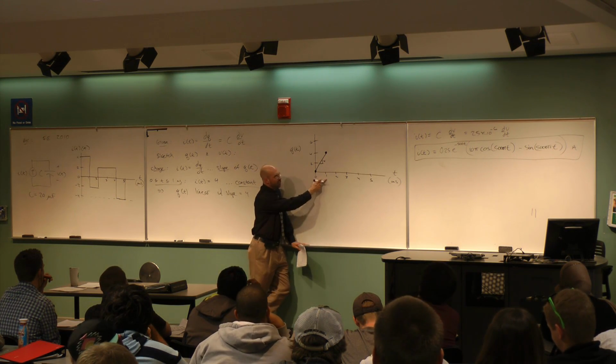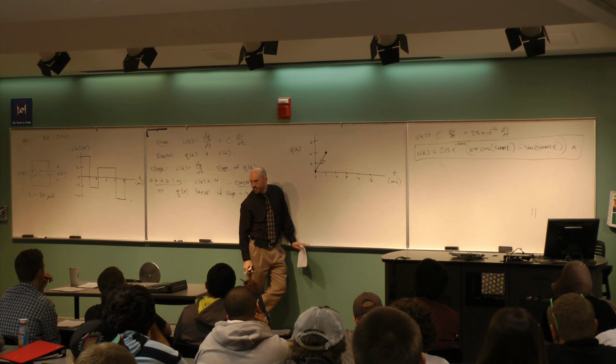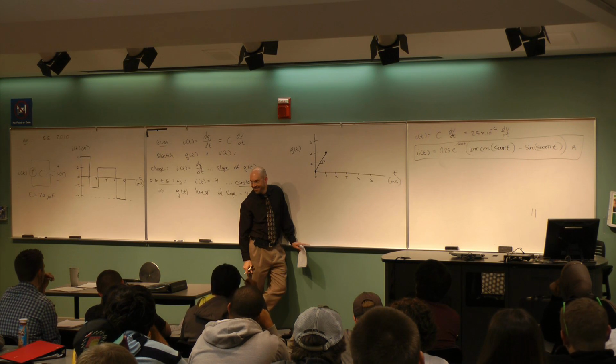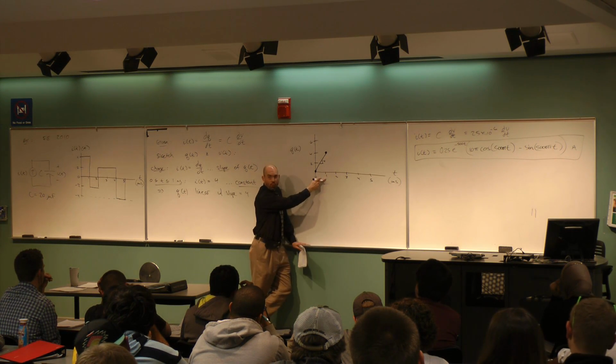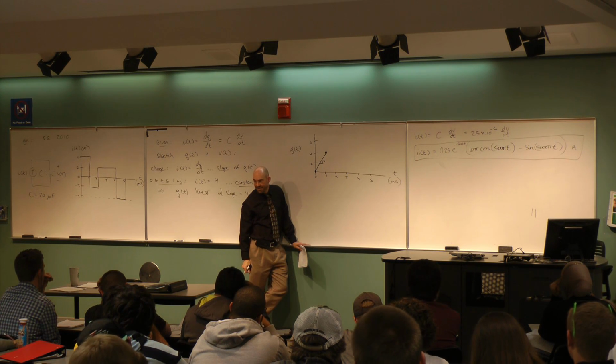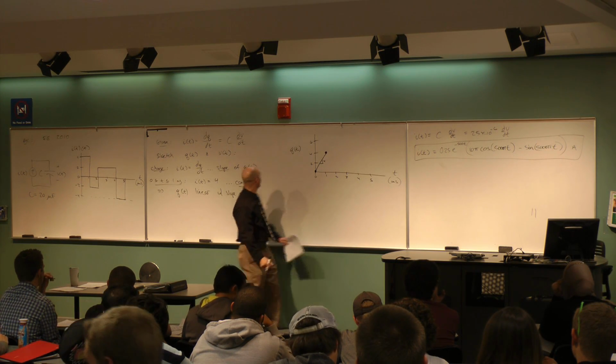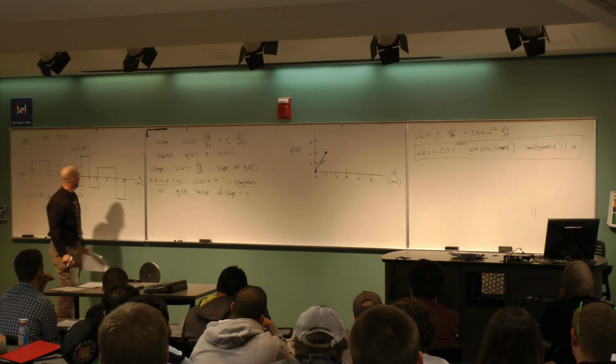So if this is 0, 0, 1, and that's 4, then what's that slope? The slope is 4,000 amps. Do I have 4,000 amps here?